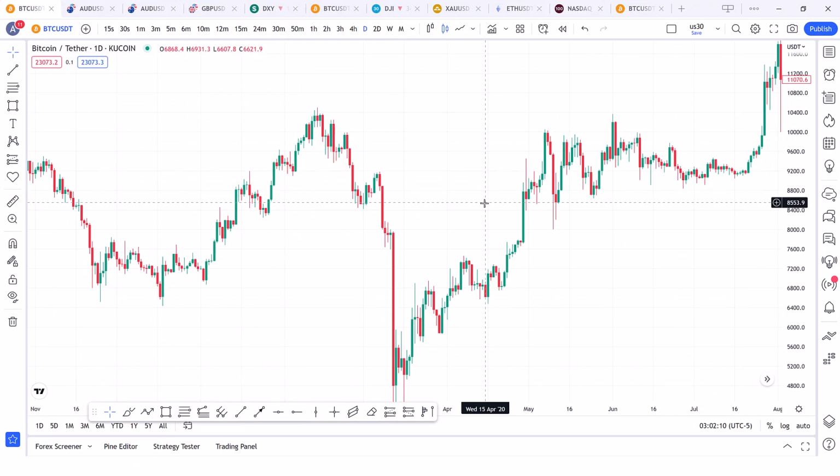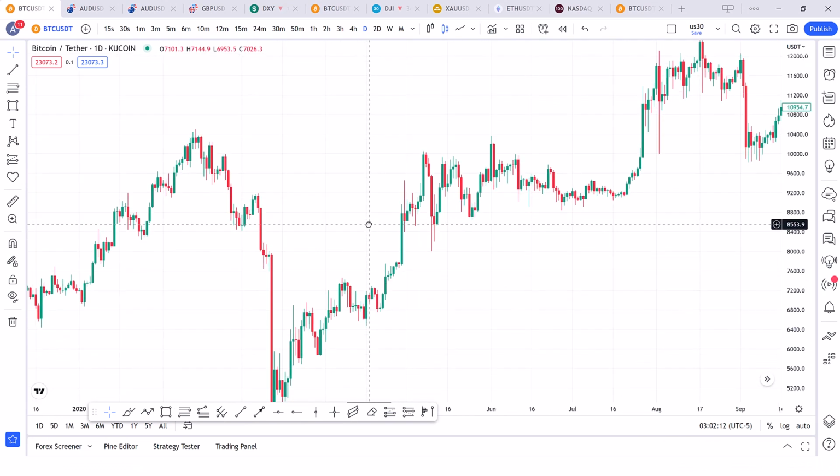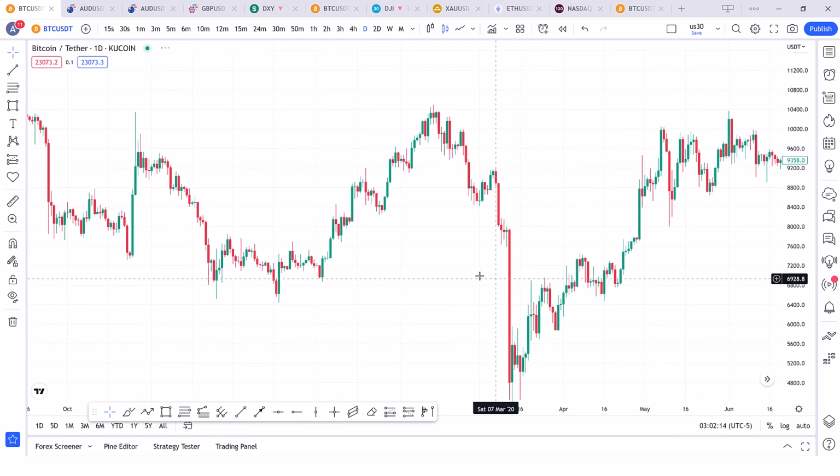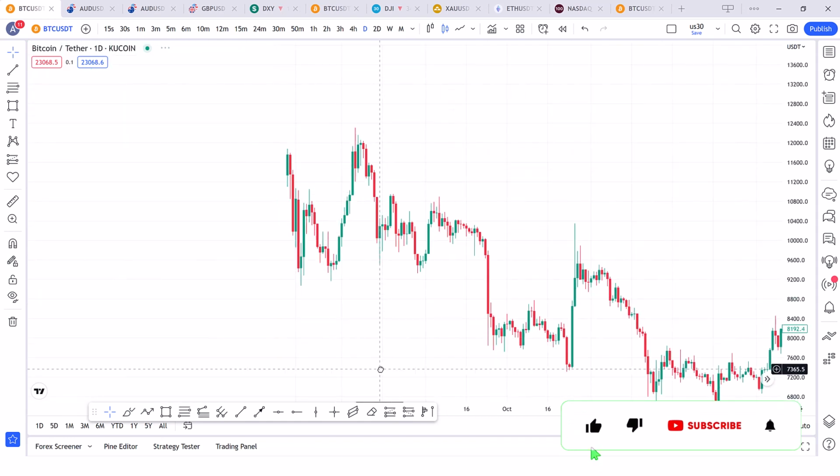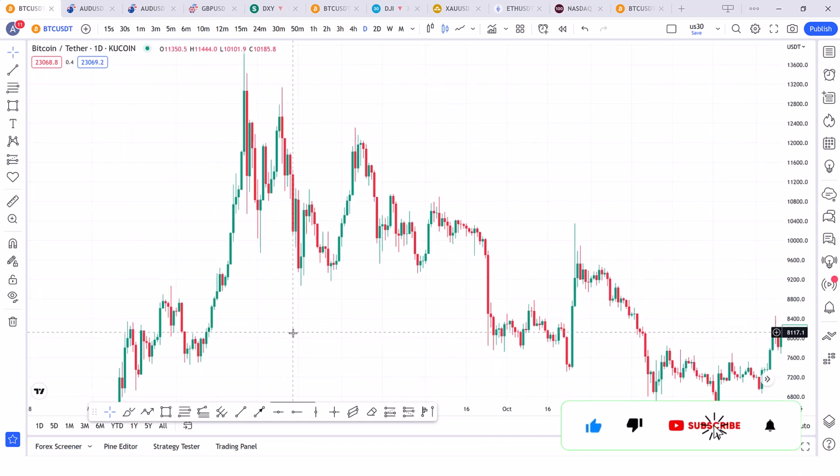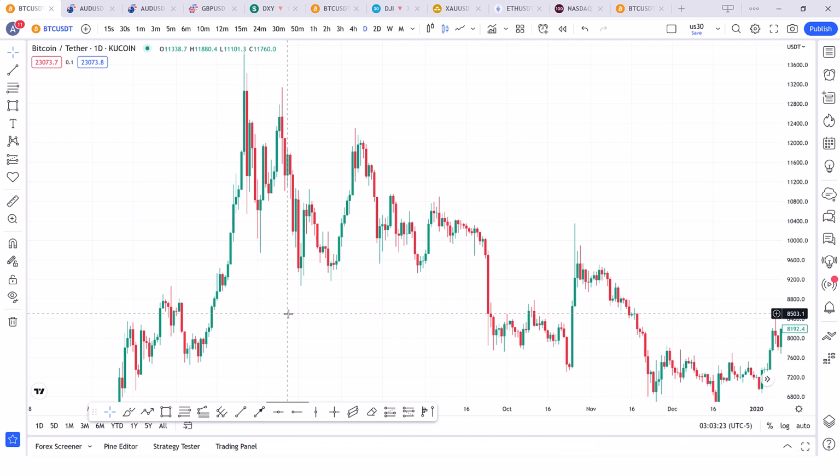We talked about the concept of market structure in the last video, and now we are going to see that on the Bitcoin daily chart. So what is the market structure and why is it so important? The market structure is the last obvious swing high or swing low that is broken right now.